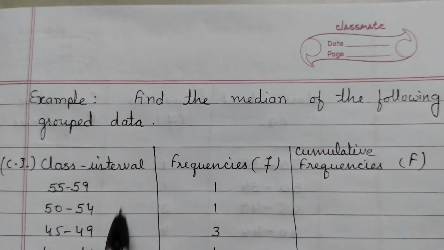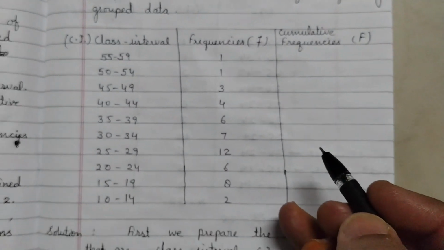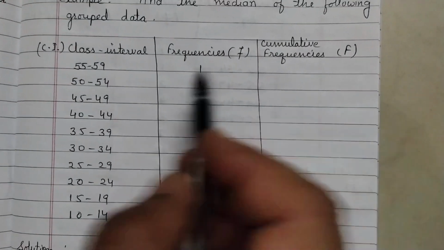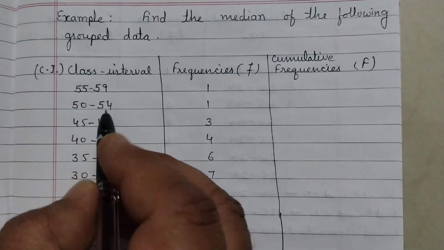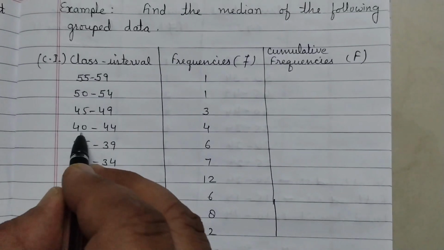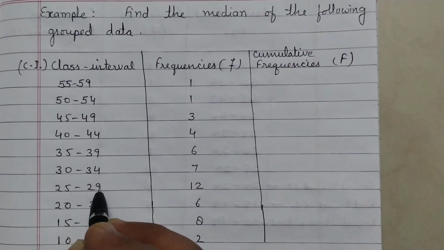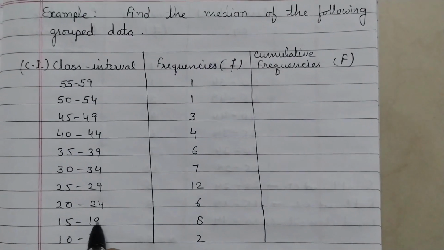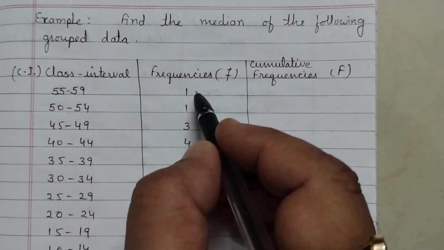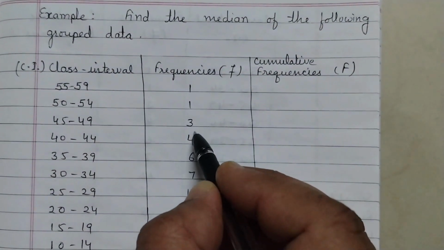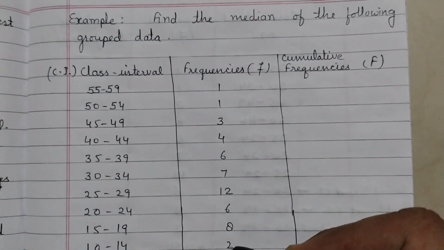In one column class intervals are given, and in another column frequencies are given, and in the solution I will prepare the cumulative frequency F. The class intervals are as follows: 55 to 59, 50 to 54, 45 to 49, 40 to 44, 35 to 39, 30 to 34, 25 to 29, 20 to 24, 15 to 19, 10 to 14. And the corresponding frequencies are as follows: 1, 1, 3, 4, 6, 7, 12, 6, 8 and 2.